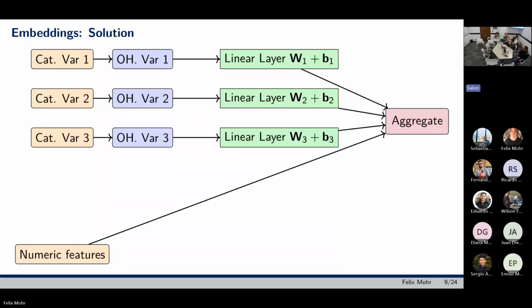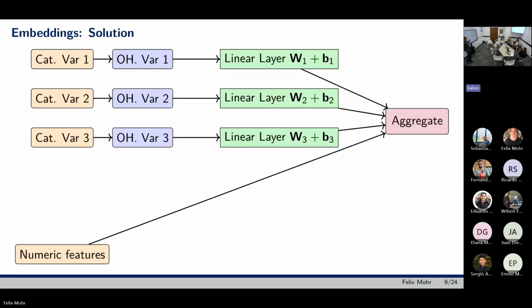If we use this linear layer, what's the input of this linear layer here? This is a one-hot encoded vector. Whatever we have, the input for this will always be a vector that has only zeros, except in one position where it has a one. We should exploit this because it has an important consequence.